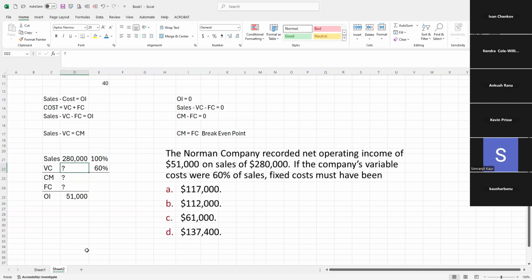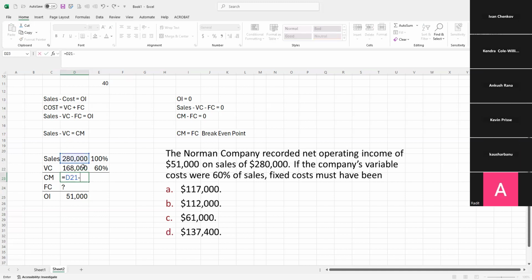Now, what will be my variable cost? This one times 60%, 168,000, correct? How much is my contribution margin? Well, this one minus that one, 112,000.